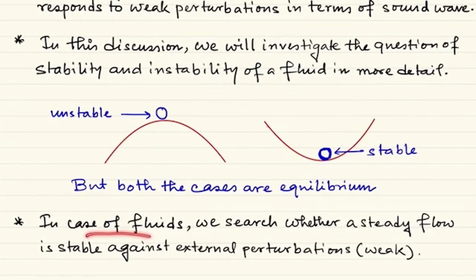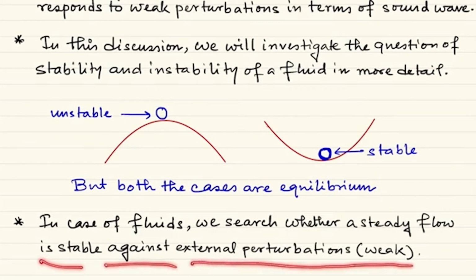Now in the case of fluids, we cannot really distinguish this type of position, but we can distinguish several types of steady state. In the case of fluids, we do not in general search for a mechanical equilibrium position; rather we ask whether a steady flow is stable against external perturbations or not.